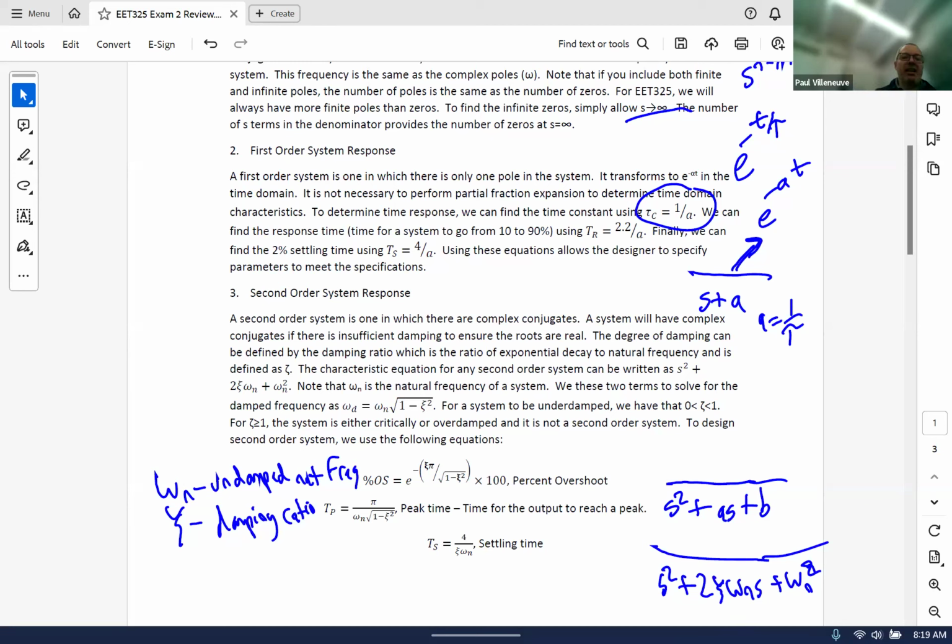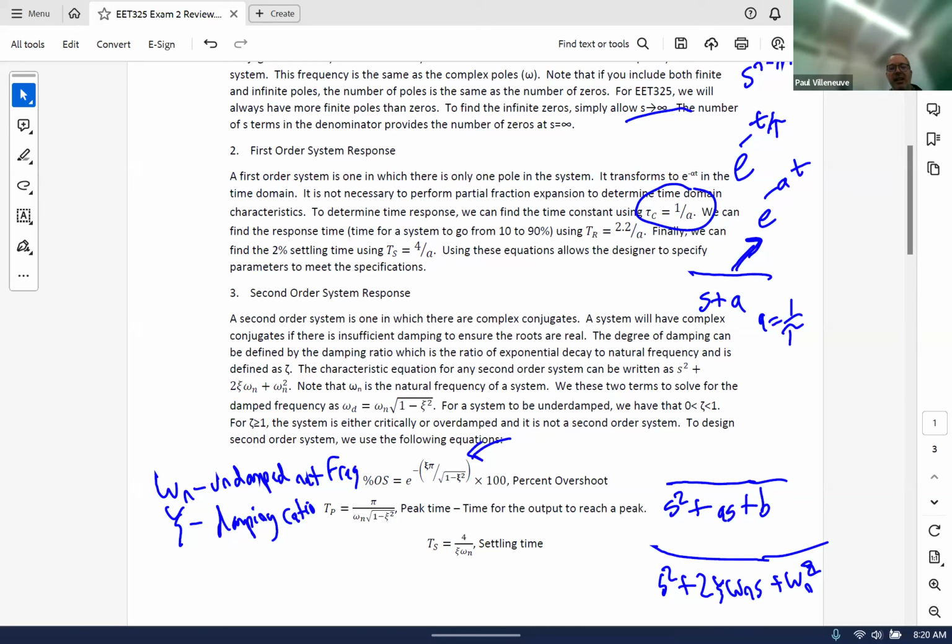This one you may want to think about in advance for the test, because if I ask you to calculate zeta given some design parameters, you're going to perhaps struggle to solve that equation for zeta, right? That's not the easiest equation to do algebra on. It's not impossible, but you have to do a little bit of work. The best case scenario is you can calculate your maximum percent overshoot, because that's the only equation that has only zeta.